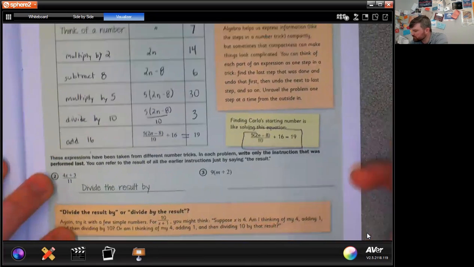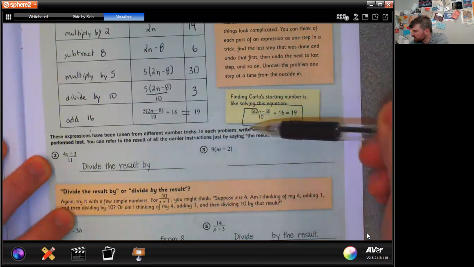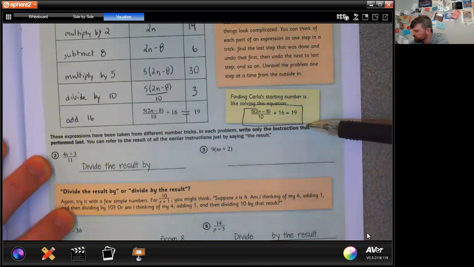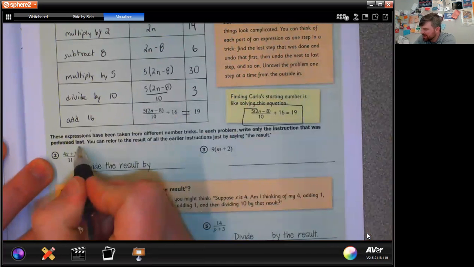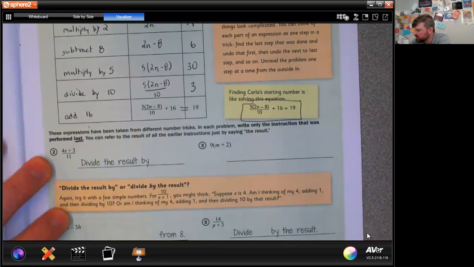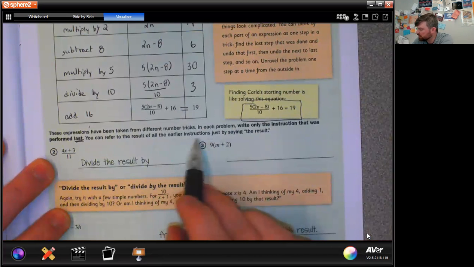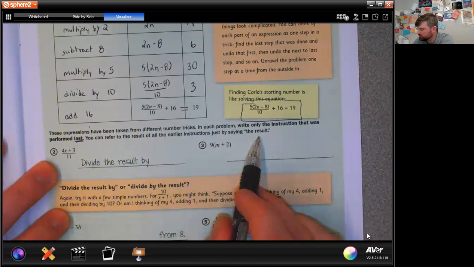These expressions have been taken from different number tricks. In each problem, write only the instruction that was performed last. You can refer to the result of an earlier instruction by just saying the result.